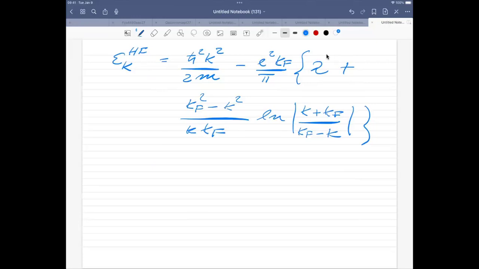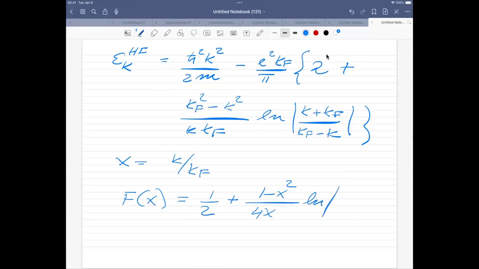So let's define a variable x, which we simply call k divided by kF. So that means we have a dimensionless quantity. And I'm going to define a function which is now called f of x, which is 1/2, and you will see that I can rewrite the energies in terms of this quantity, plus (1 minus x squared) divided by 4x, and then I have ln of (1 plus x) over (1 minus x).